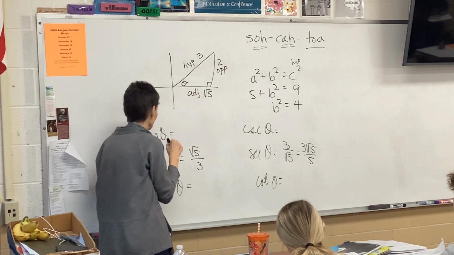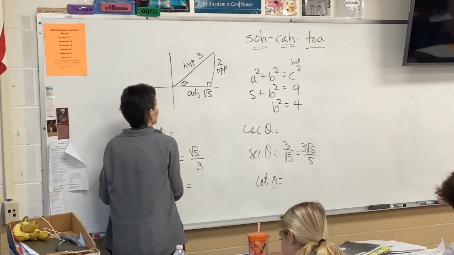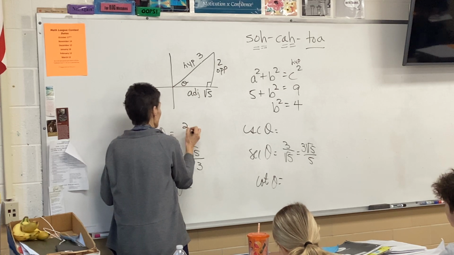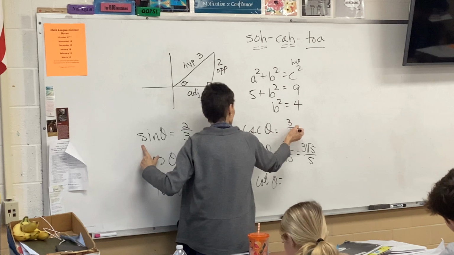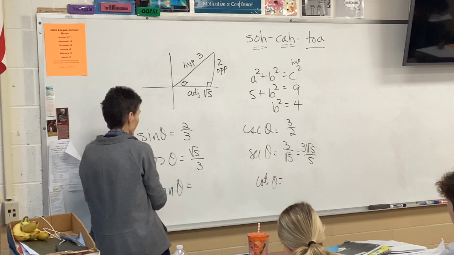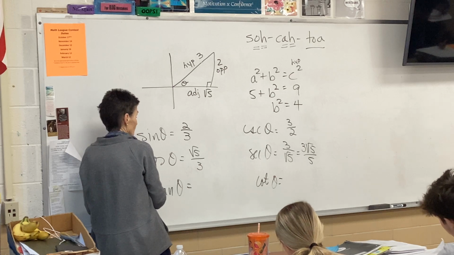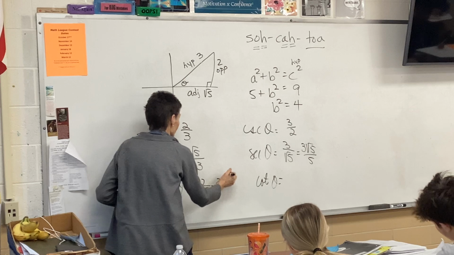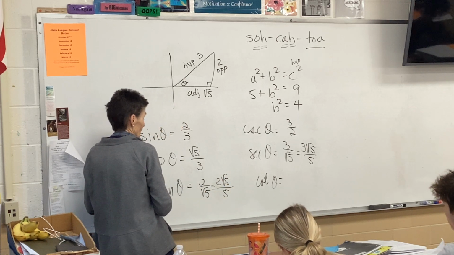And here we go. What then is my sine? Opposite over hypotenuse, which would be 2/3. And the cosecant then is 3/2. And then what's my tangent? 2 over root 5, or 2 root 5 over 5.